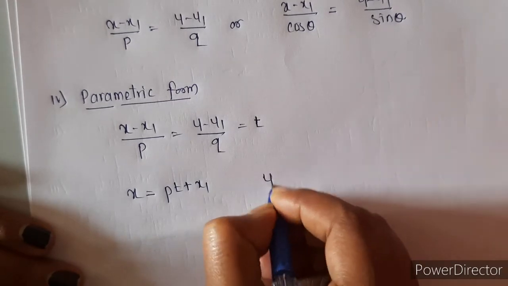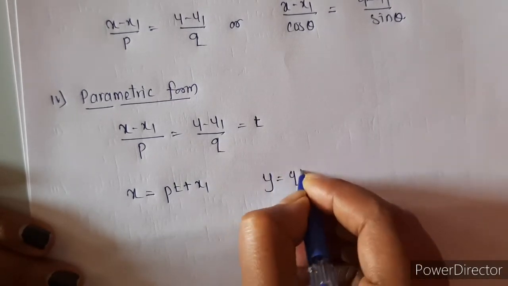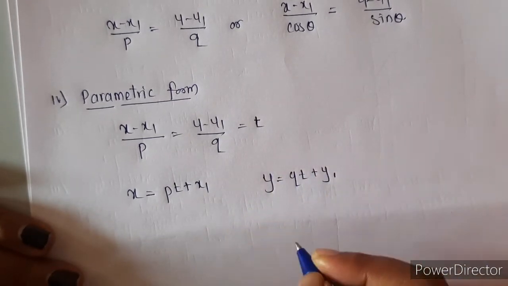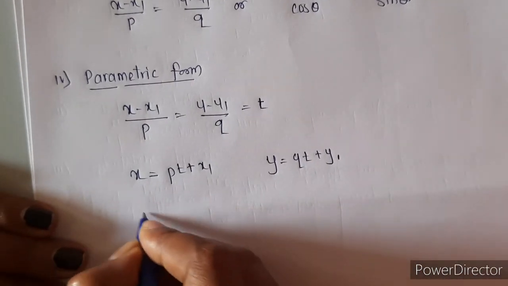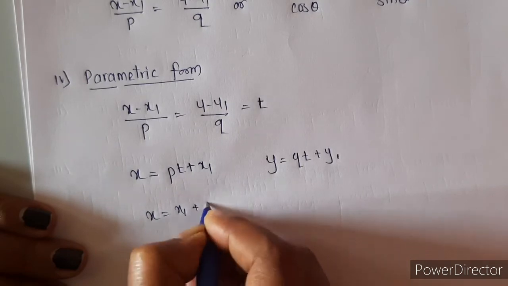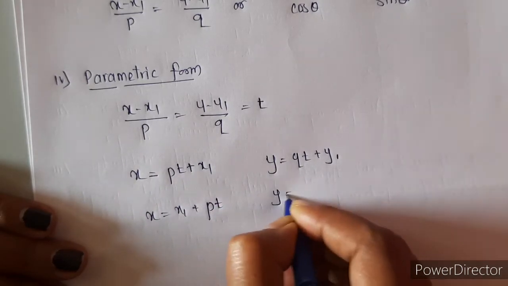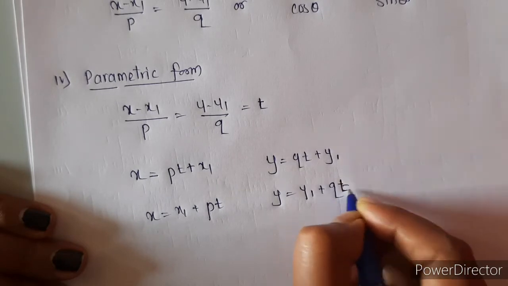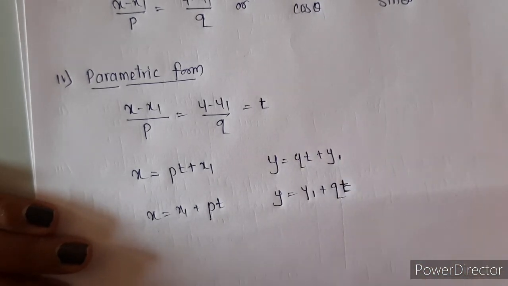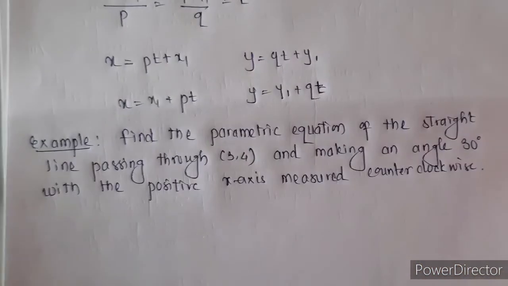Similarly, y equals q times t plus y1. We can write this as x equals x1 plus pt and y equals y1 plus qt. So these are the equations in parametric form.